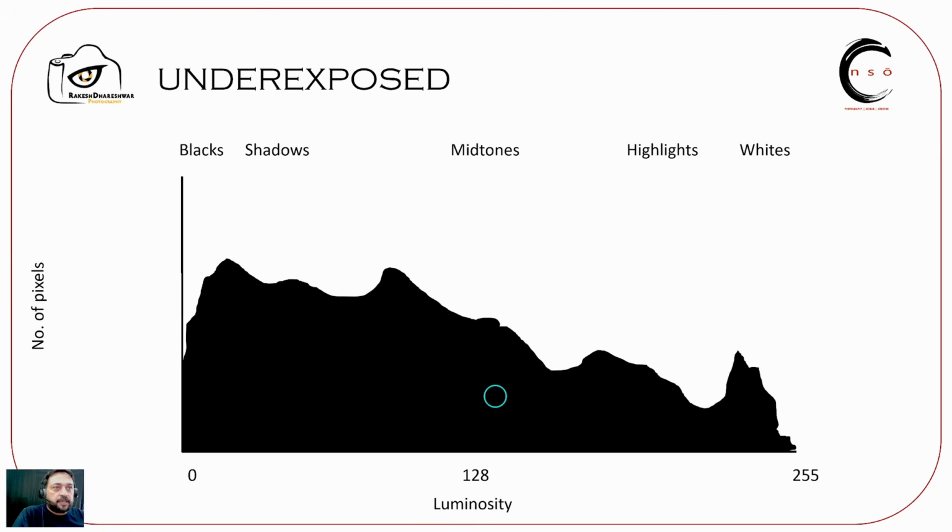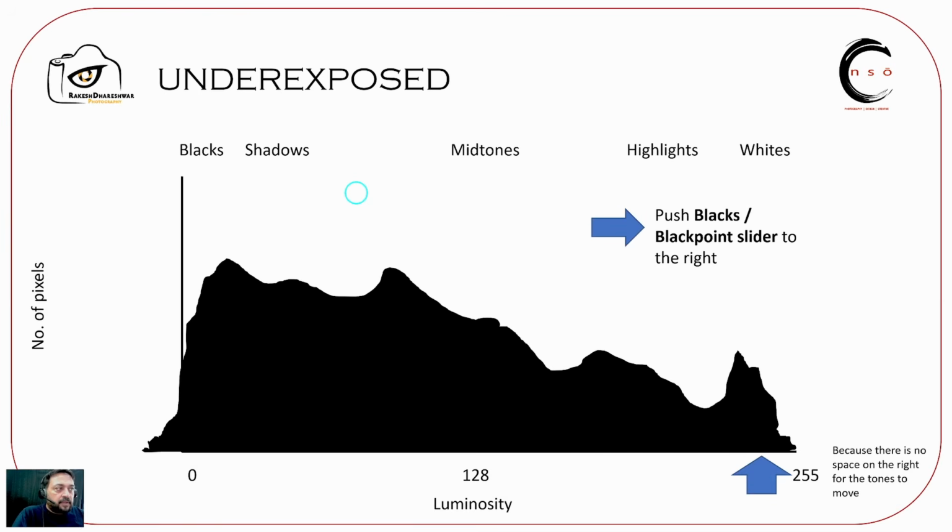Now, what happens when we look at an underexposed image in a histogram where there is a bit of clipping? It means that there are some pixels which are to the left, but our problem is that the right of the image is already at 255 or close. I just want the blacks to move to the right. So I use the black point slider in Affinity, or blacks in Lightroom Classic or Photoshop, and I apply a positive compensation.